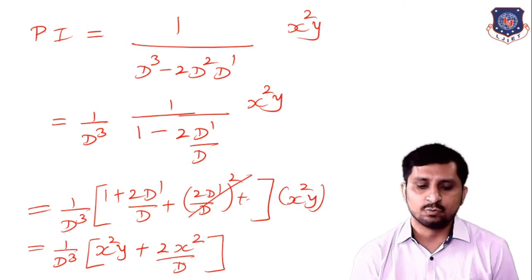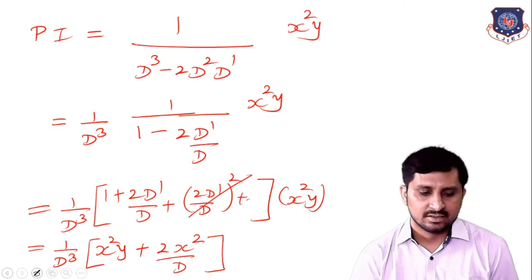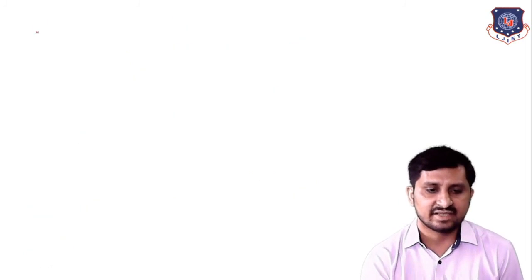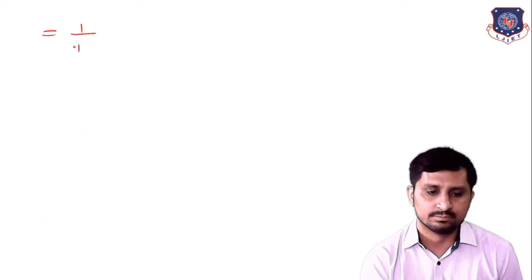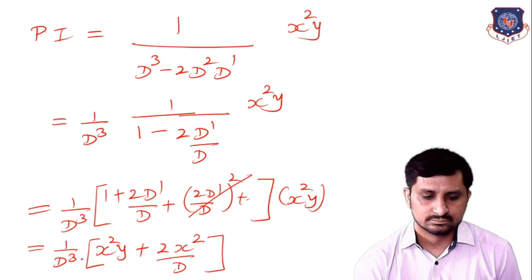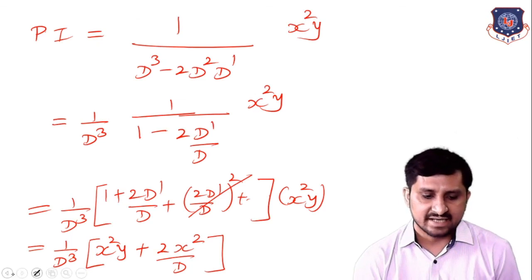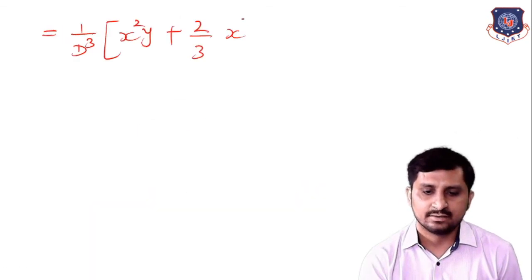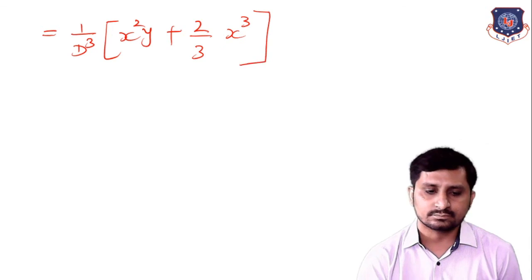So I can write 2 by 3 x cube. All other terms are as they are. So this can be written as 1 upon D cube of x square y plus 2 by 3 x cube.